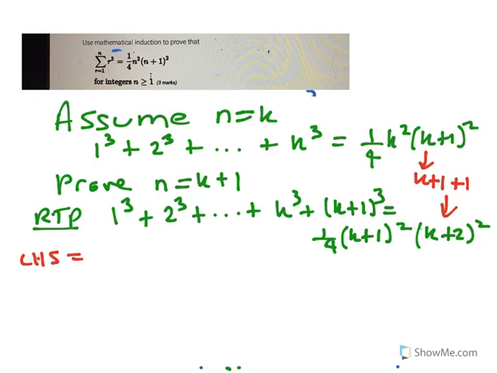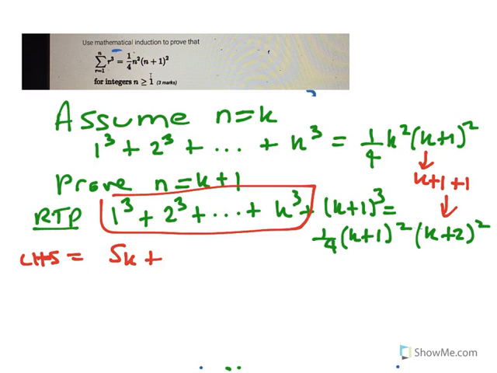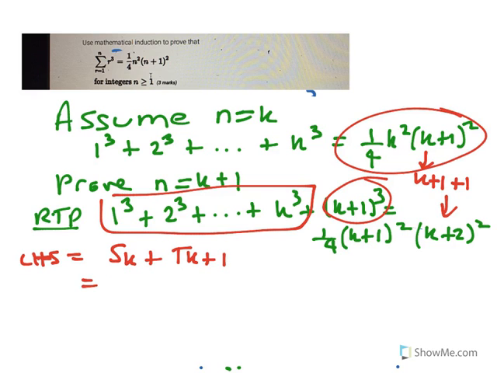Okay, if you look at the left-hand side, it is the sum to k plus t k plus 1. Now the sum to k by assumption equals 1 quarter k squared, k plus 1 squared, plus the k plus 1 term. So that's k plus 1 cubed.